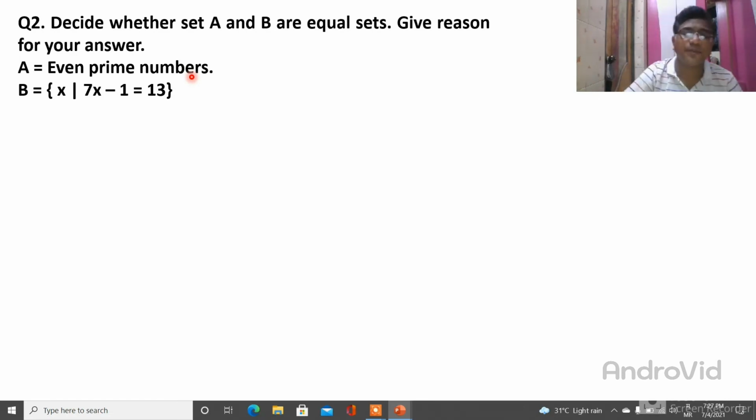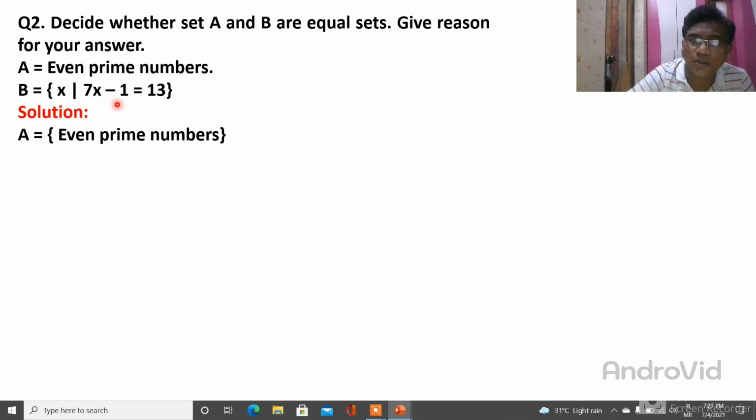So even prime number is only one, that is 2. Remember my student, even prime number is only 1. Means if they said you can write even prime numbers from 0 to 1000, then only 2 is the even prime number. Is that clear? So A value you are getting 2.